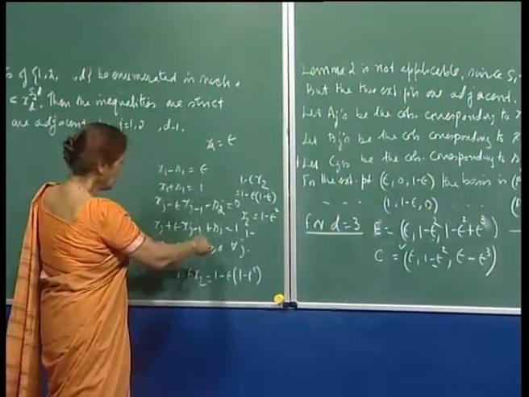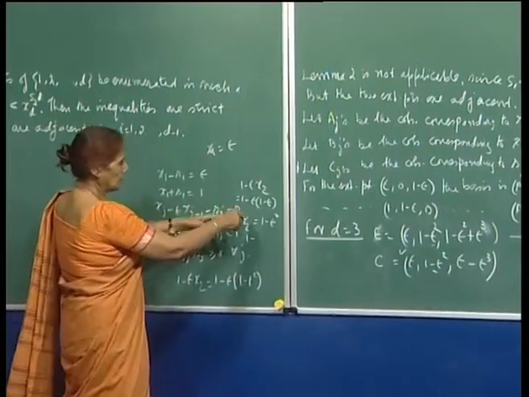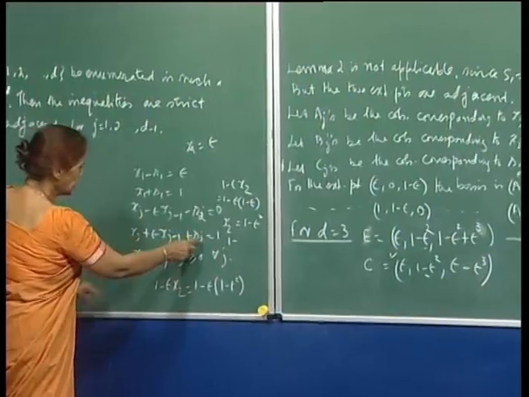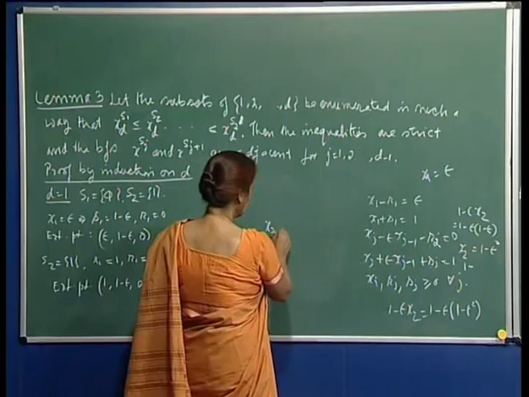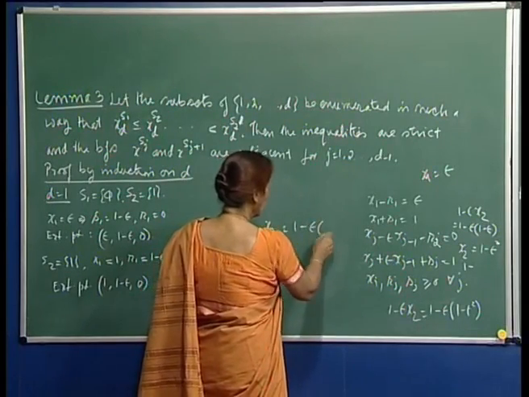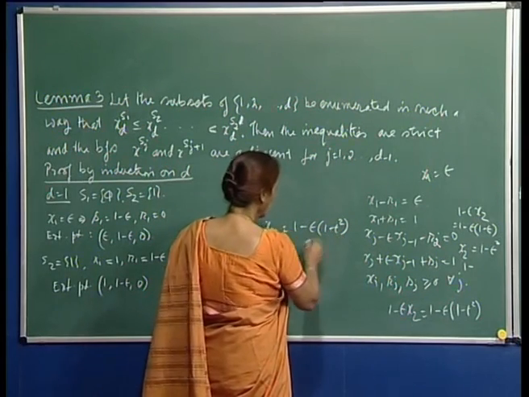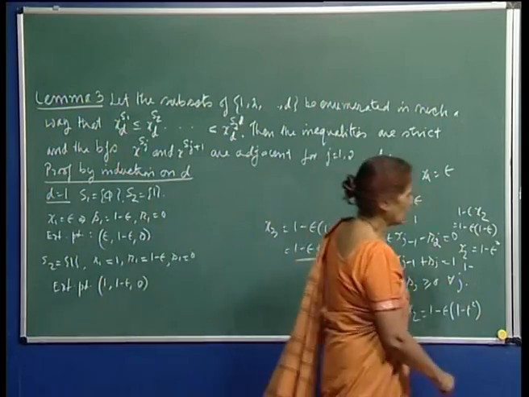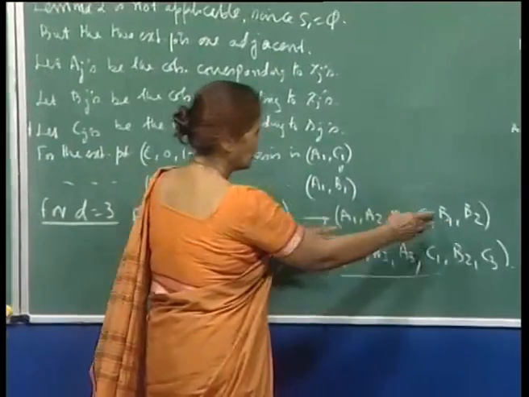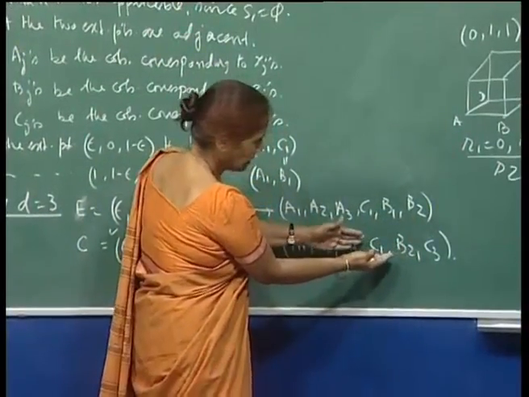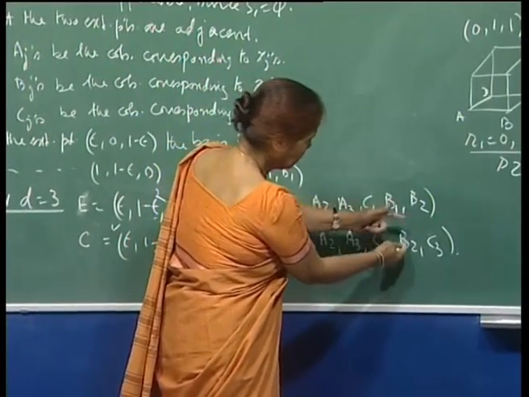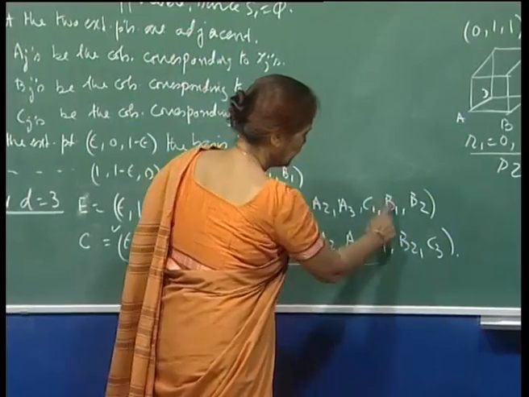Then since S3 is 0, you get that x3 is 1 minus epsilon of 1 minus epsilon square. So, this is 1 minus epsilon plus epsilon cube. This is the calculation. Okay. And so, this is the basis, and you can see that immediately they differ only in B2 and, so they differ in B1 and C3.